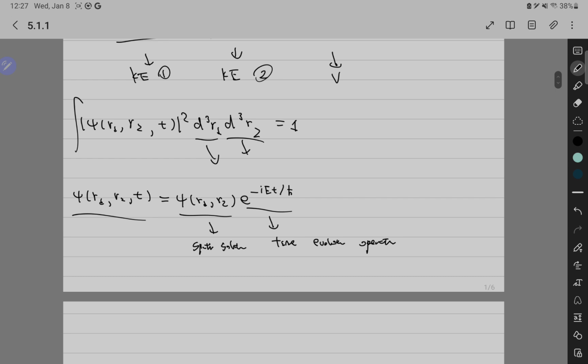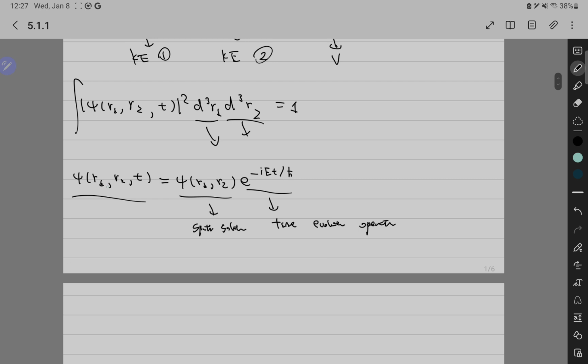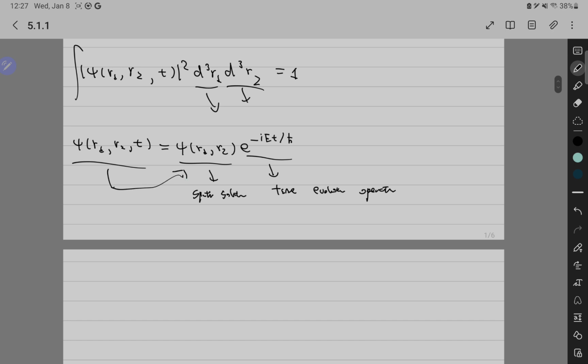So a way I like to explain this is that we have a wave function that relies on time, and it also depends on the spatial coordinates of these two particles. So we can break that into two, in which one contains the information about the spatial part of these two particles, and the other one contains the information about how they evolve over time, which is what the second term is, right?